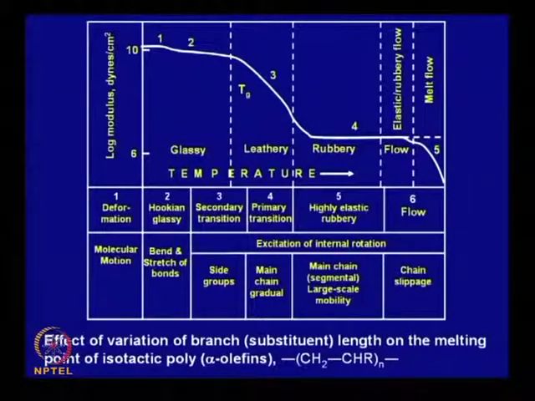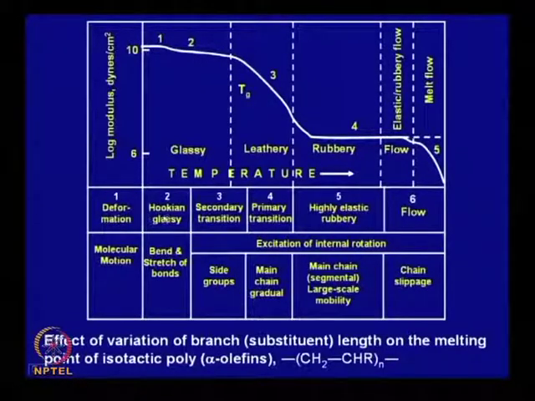This diagram shows the effect of variation of branch length on the melting characteristics of isotactic poly alpha olefins, say polypropylene suppose, and it shows the properties versus temperature.